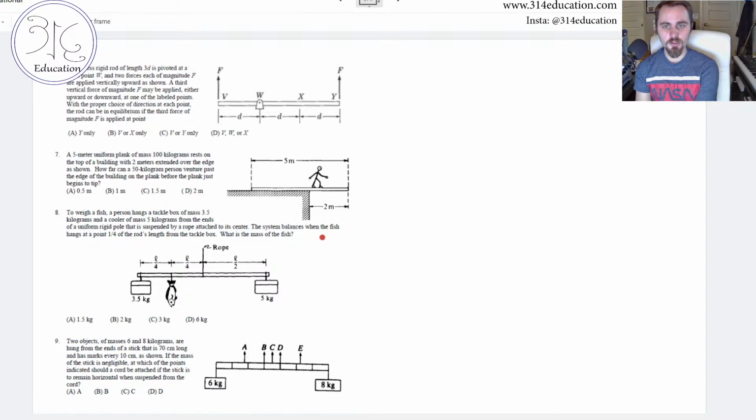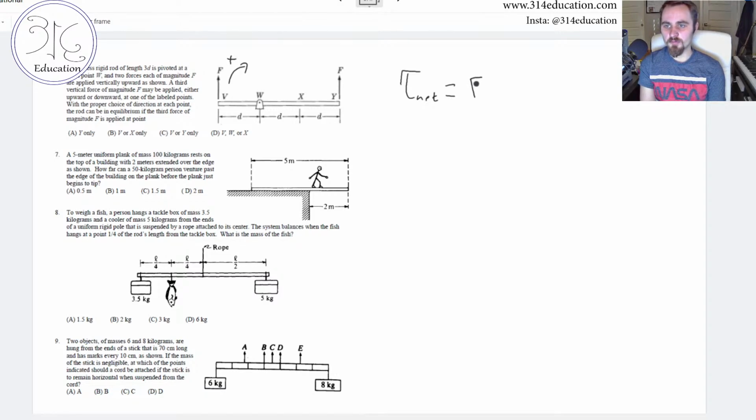Okay, so we want this to reach equilibrium, so let's see how much we're off equilibrium by. That's going to be finding our net torque. With just these two forces, we have one rotating us clockwise. Let's define clockwise as positive in this case.